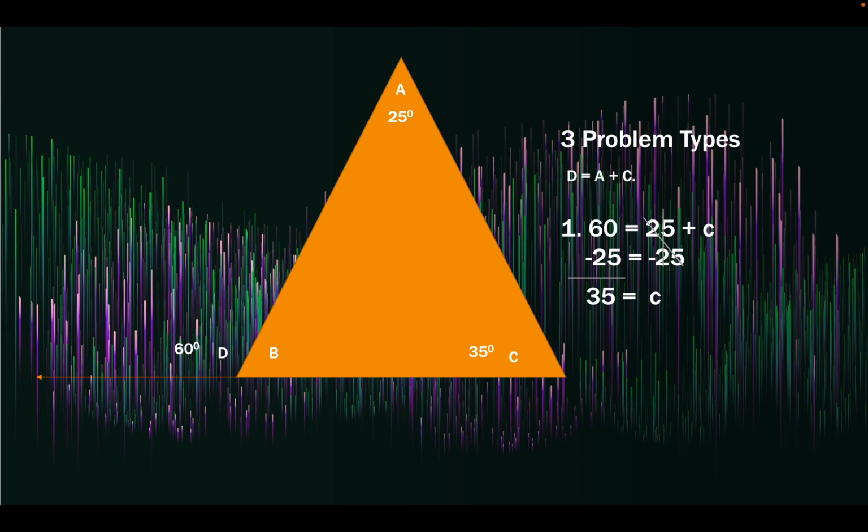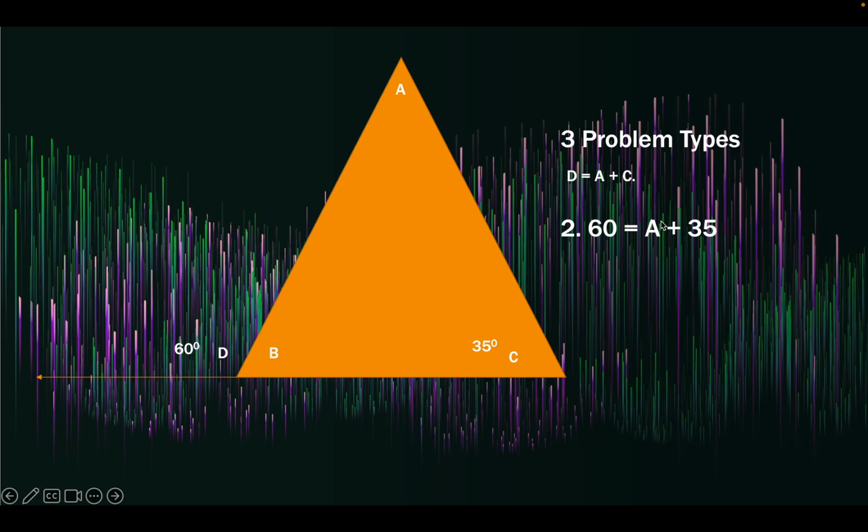The second problem type looks like this. I know that the outside of my triangle is 60 degrees. I know that my remote interior over here is 35 degrees, but I don't know what my A is. Well, then the equation looks like this. 60 equals A plus 35.